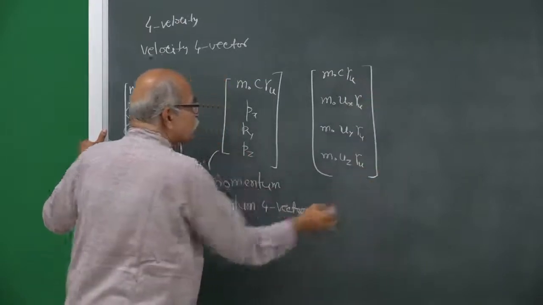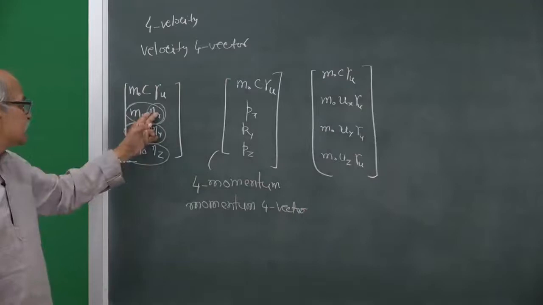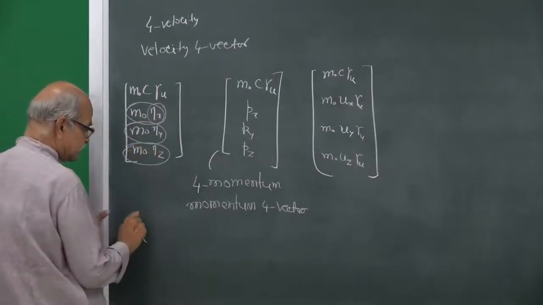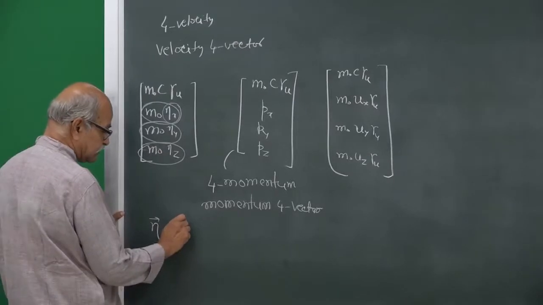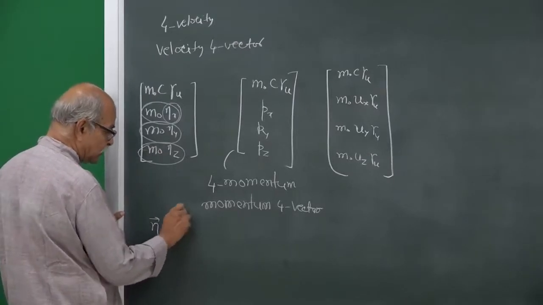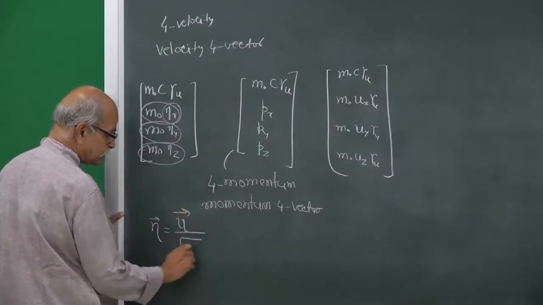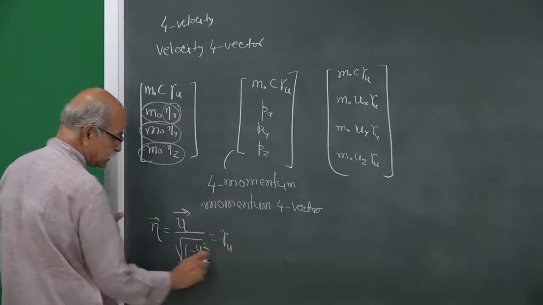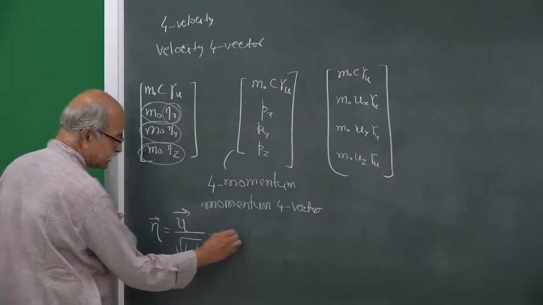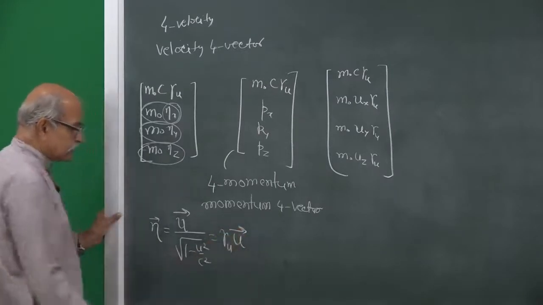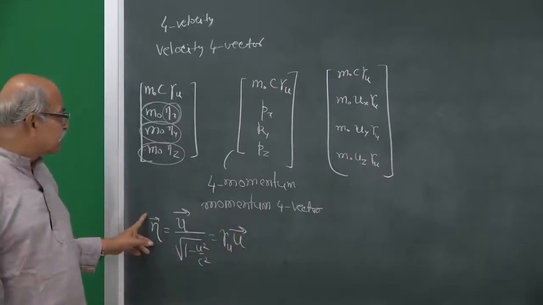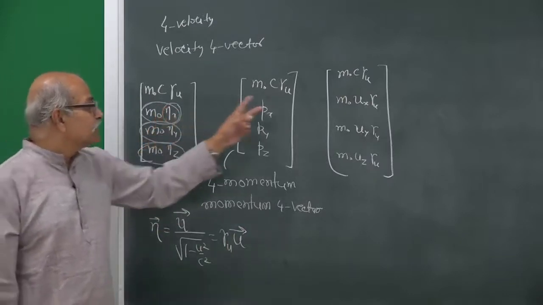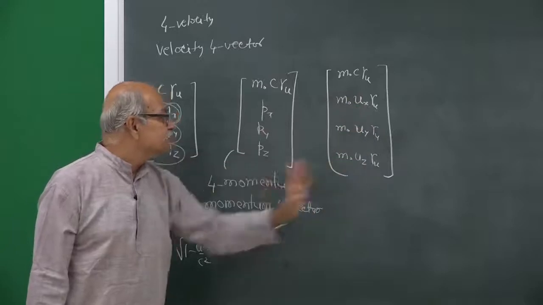So, this is how we had defined our eta x, eta y, eta z. Remember, eta and velocity are related by u divided by square root 1 minus u square by c square, that is gamma u, times the velocity u. So, that is how we have defined proper velocity. If this proper velocity you write in terms of ordinary velocity, then it comes like this.